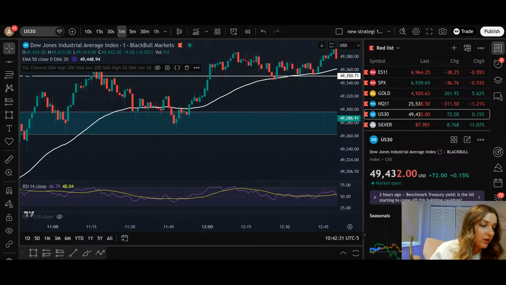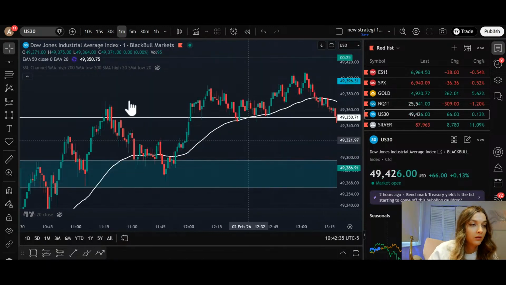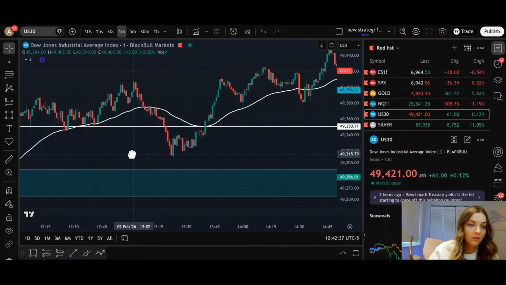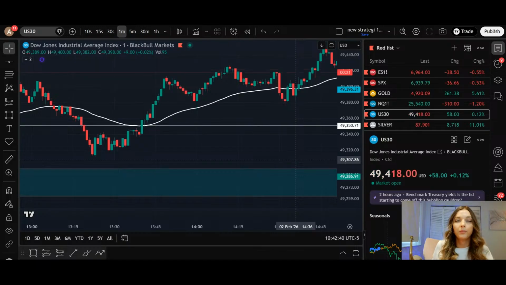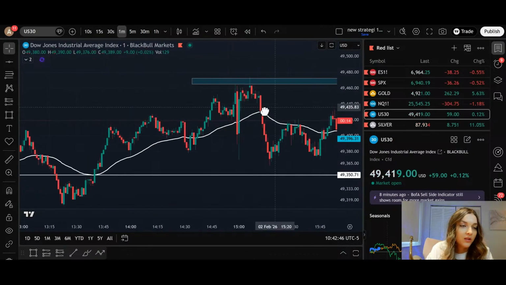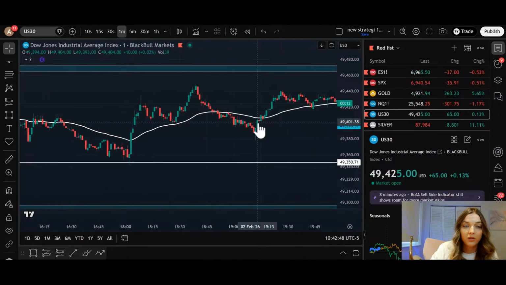If you want to use Fibonacci, that's the best way to use it. You make sure it lines up with something else. It can also line up with the support and resistance. If it does line up with that, it's strong.